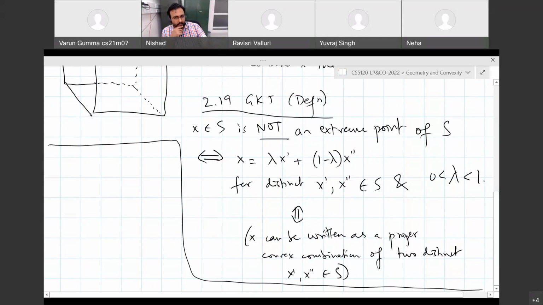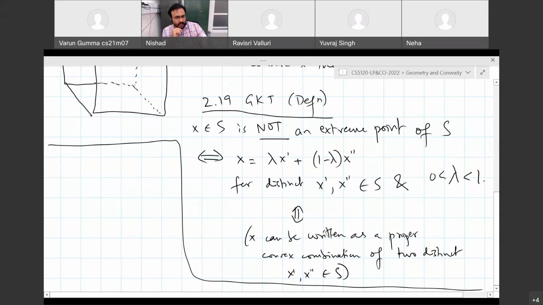Find the line segment which is a subset of S, for which this point is properly contained in it. Right. Or in other words, you just write it as a proper convex combination of two distinct points, right? Which is the same as what you said. Right? So if you find those 2 points, x prime and x double prime, the endpoints of the line segment you propose, then you are done, right?